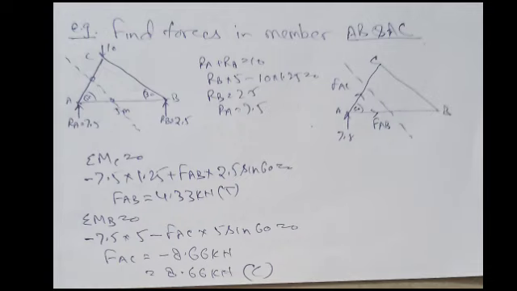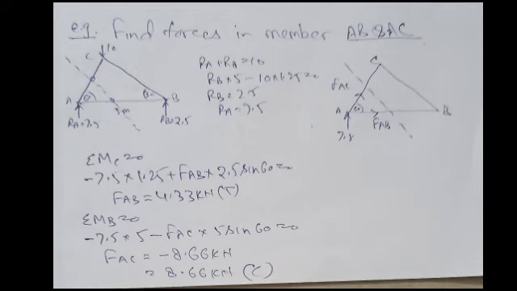Now the next step is to assume forces in the various members which are being asked. So suppose the force in member AC and the force in member AB are asked. We assume that the force in member AC is FAC and the force in member AB is FAB.